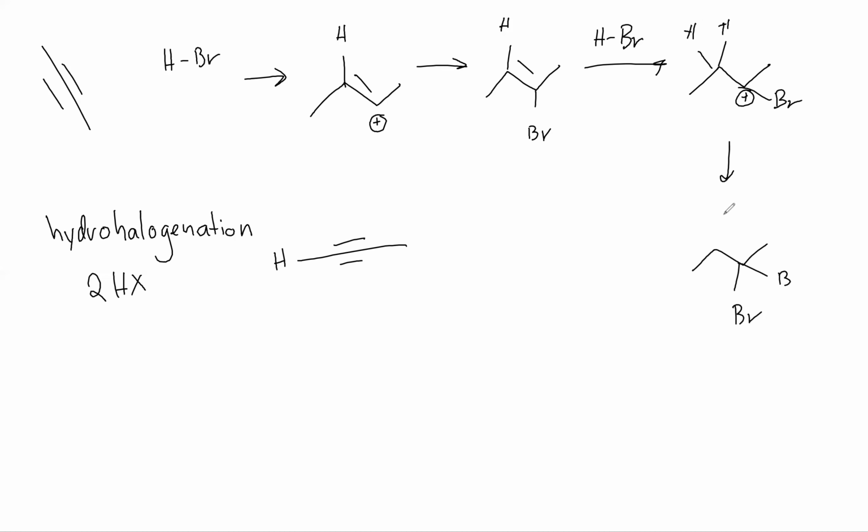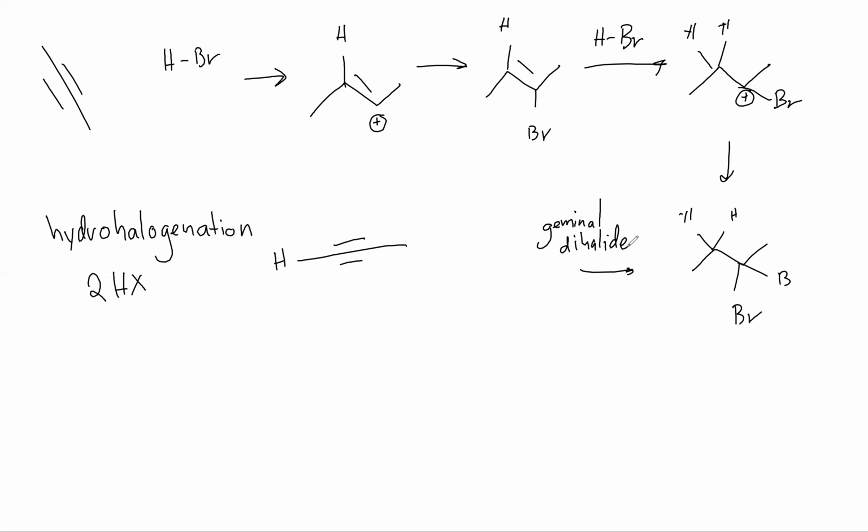Okay? And so we can see here, this is a geminal dihalide. So now we know how to make both vicinal and geminal dihalides. It's just that a lot of the time, to make an alkyne, it's more beneficial to use a vicinal dihalide. Why?